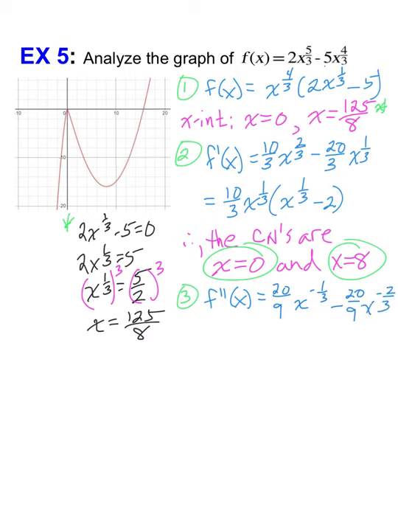So out of our variables here, x to the negative 2/3 is actually smaller, so I can factor that from each one of these. And they both have a 2/9ths in common. So the factored form here would be 2/9ths, I'm going to factor out an x to the negative 2/3. And I would be left with x to the 1/3 minus 1.